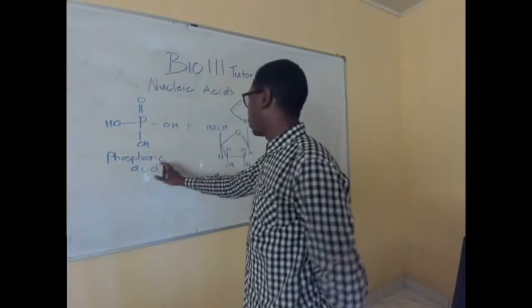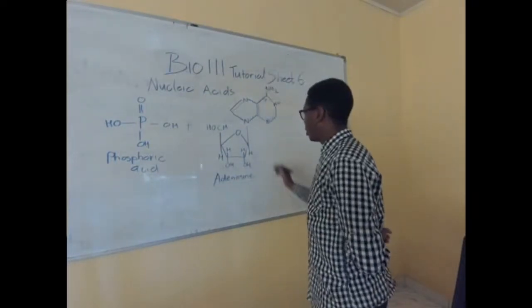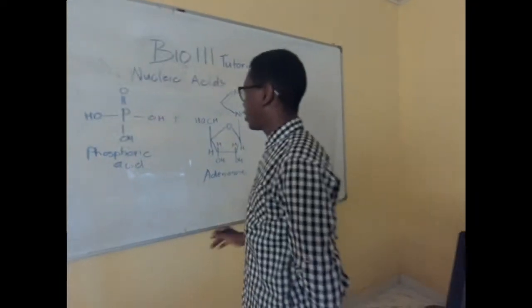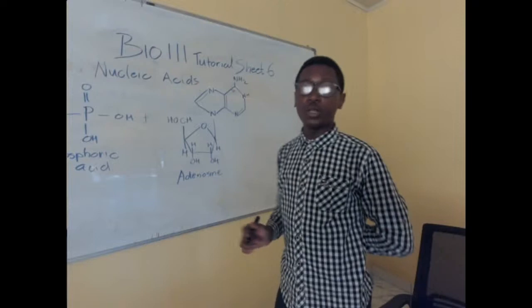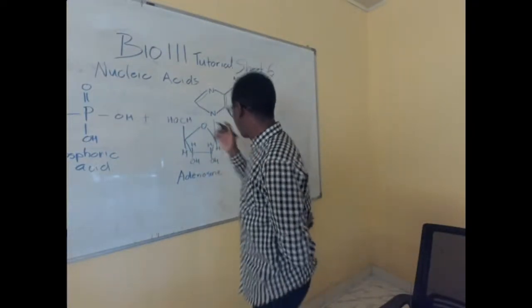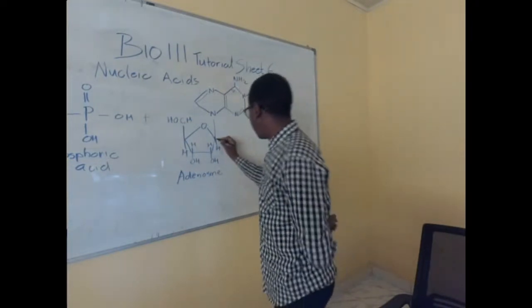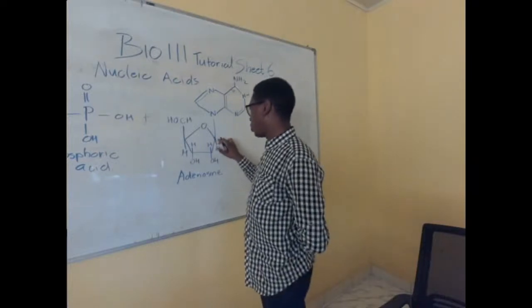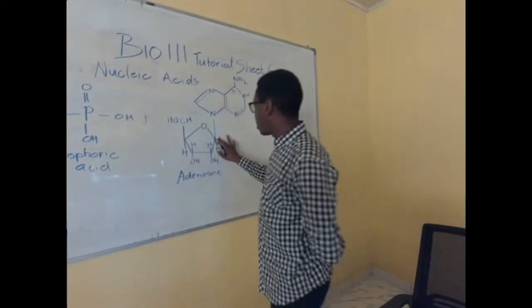So we have our phosphoric acid plus our nucleoside, which is adenosine. So where is the reaction going to happen? The reaction is going to happen between, so if you remember, in a pentose sugar, we start counting our carbon atoms from the one which has the functional group.